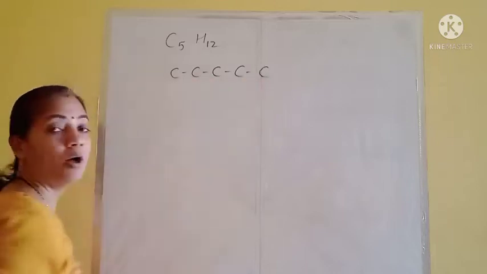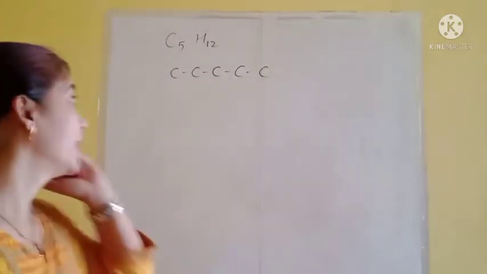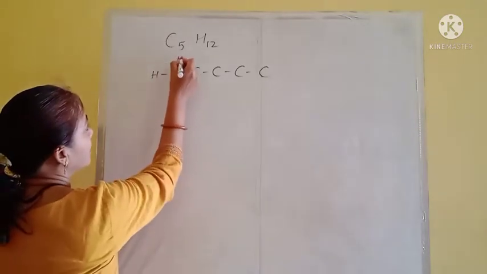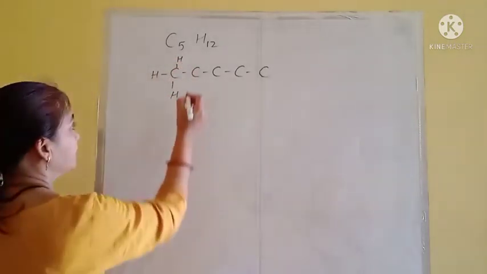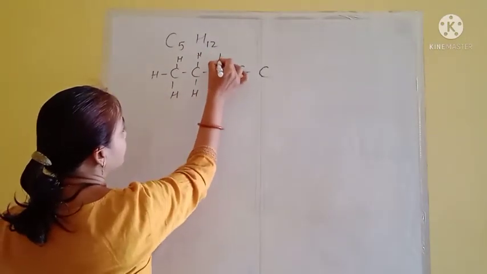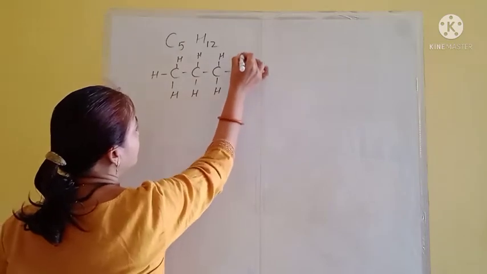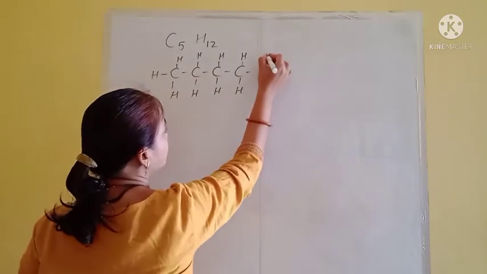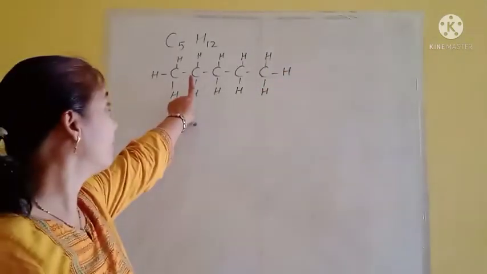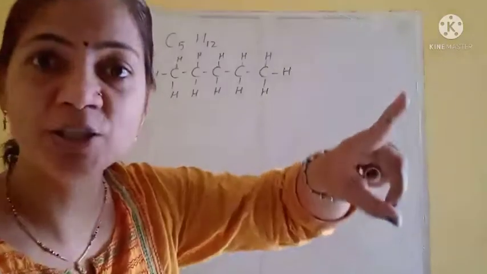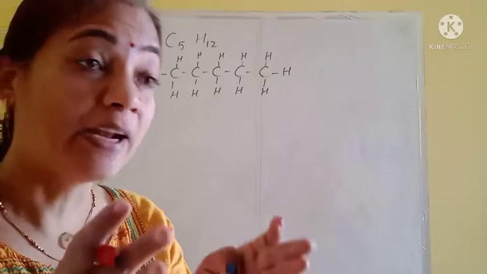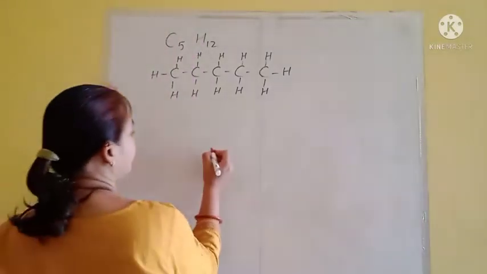So I have put all the 5 carbons in a straight chain and then other valencies satisfy them with hydrogen. So you can see this is C5H12. Same, 5 carbon atoms and 12 hydrogen atoms.